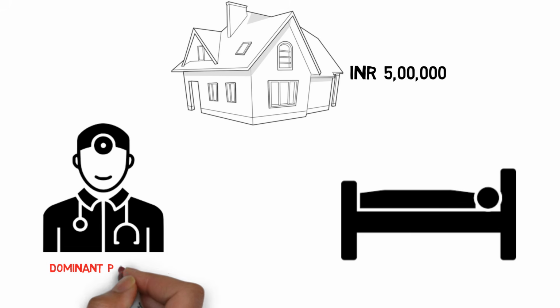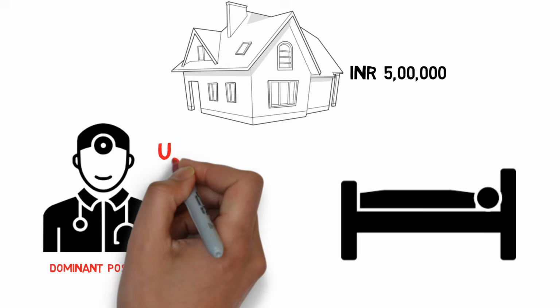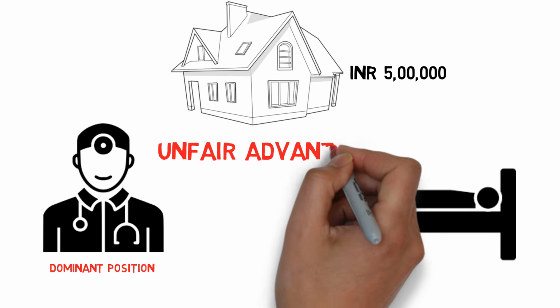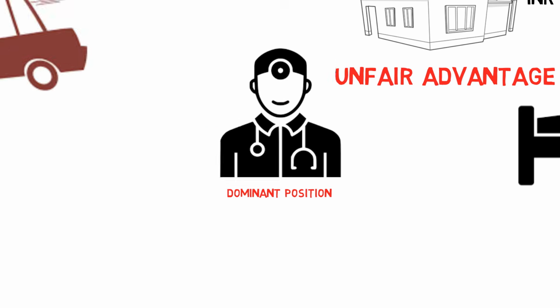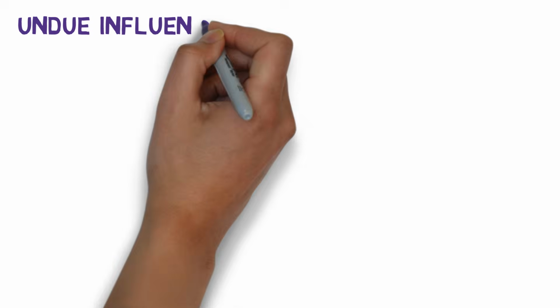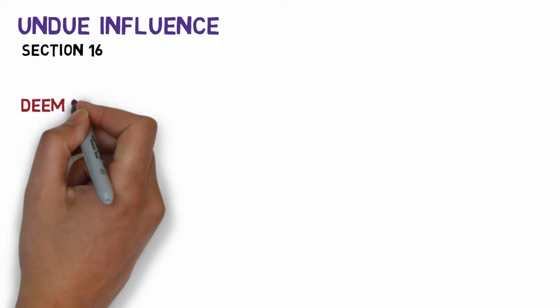Here, doctor is obviously in a dominant position over the patient, and we can clearly see that the doctor is taking unfair advantage of the patient. This contract will not be valid because consent is not free and consent is obtained by undue influence.